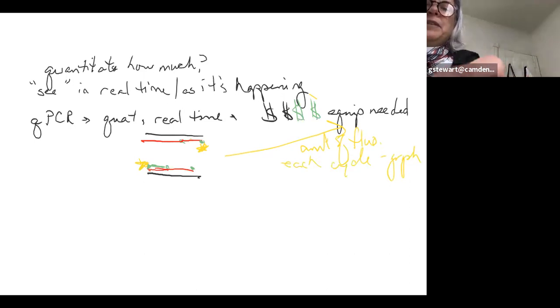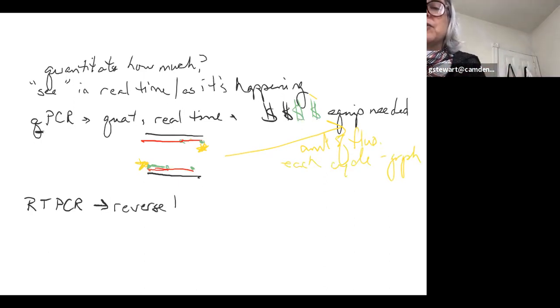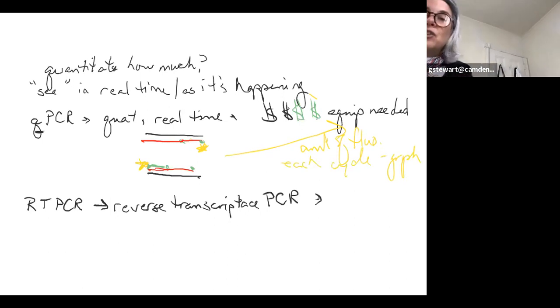The other type of PCR that you see referred to, RT-PCR, does not stand for real time, right? So that's a little confusing. Q stands for real time PCR. RT stands for reverse transcriptase PCR, which is how you could take a single strand of RNA and reverse transcribe it into a double strand of DNA in one step.